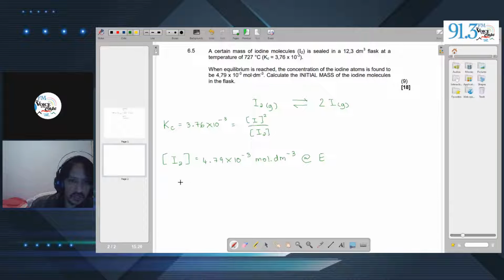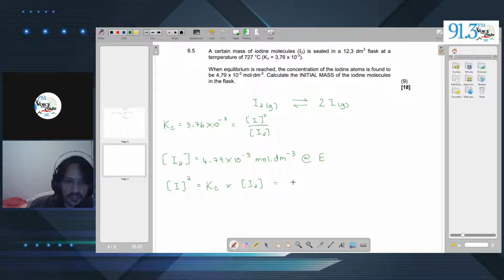And we can use this equation. So we substitute this value in here. Right, okay, well, I'll just do it separately. So I'm just going to make this the subject of the formula. So we can just go, well, I2, concentration of iodine to the power of 2 is equal to, and I'll just write out the formula, Kc times the concentration of the iodine molecules.